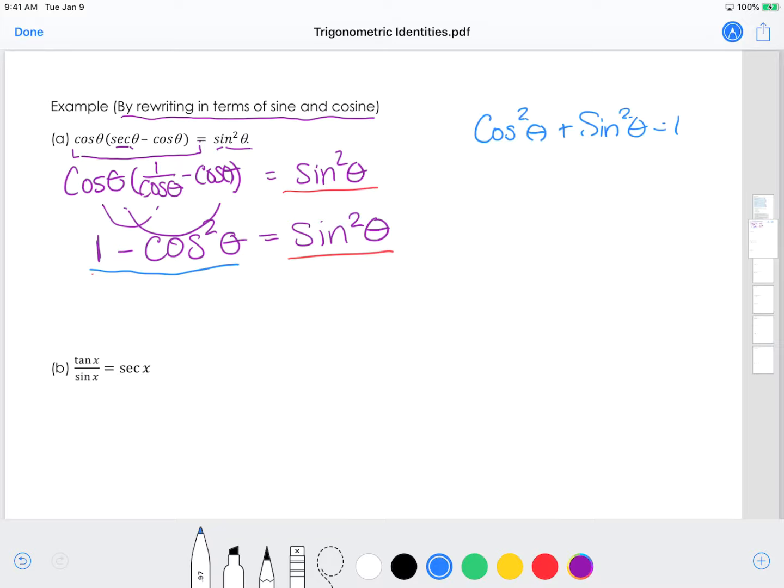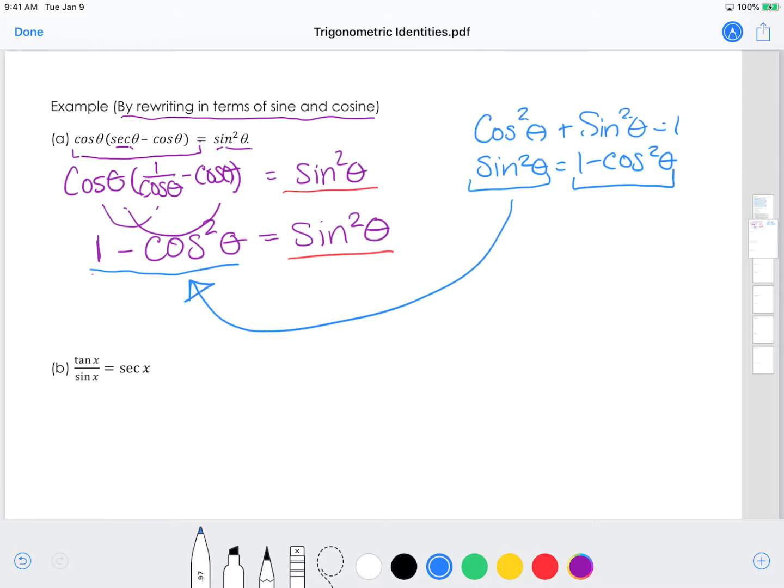If I solve this for sine squared theta, that means I subtract cosine squared theta from both sides. And I can take 1 minus cosine squared theta, and I can substitute in the sine squared theta. So notice, I'm going to put that in for this. And now I have just shown sine squared theta is equal to sine squared theta, and I just proved my identity.